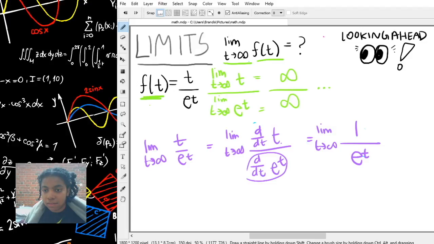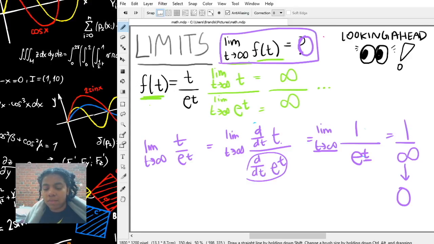And as t goes to infinity, 1 over e to the t is 1 over infinity, and that is always approaching 0. So the limit of this is 0. Anyway, you don't need to know that now. Don't worry about it. It's just cool. I thought you should know.